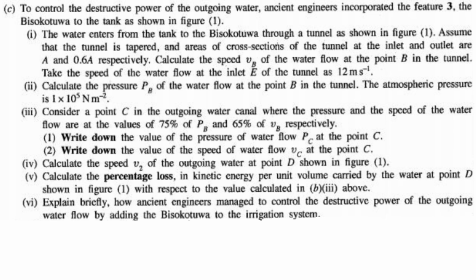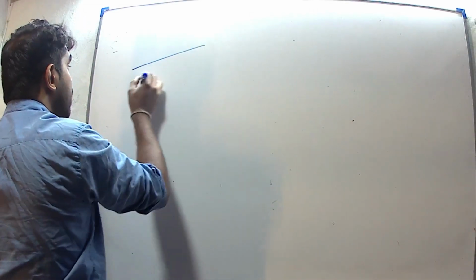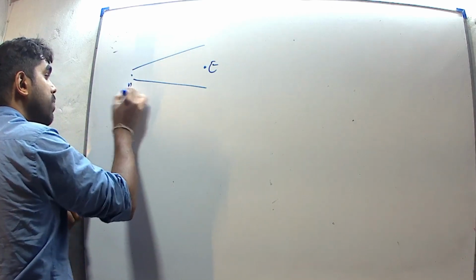Take the speed of water flow at inlet E of the tunnel as 12 meters per second. There is a tunnel like this in the first figure. Point E is this one, point B is this one.